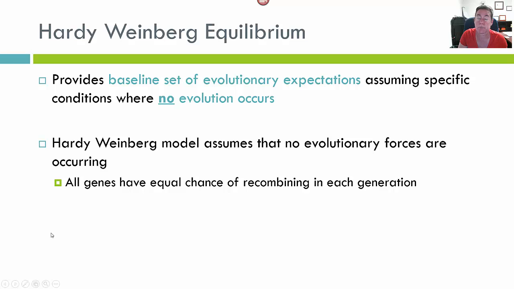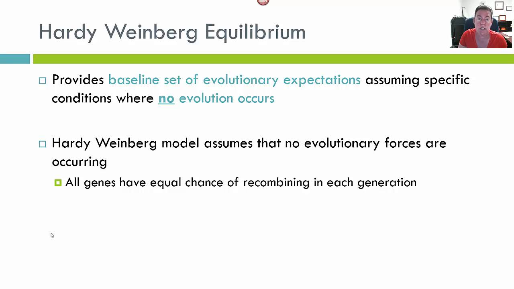Hardy-Weinberg equilibrium basically provides a baseline set of evolutionary expectations assuming specific conditions where no evolution occurs. So we're envisioning a situation where no evolution is occurring. Hardy-Weinberg equilibrium will be in effect. The model assumes that no evolutionary forces are occurring.